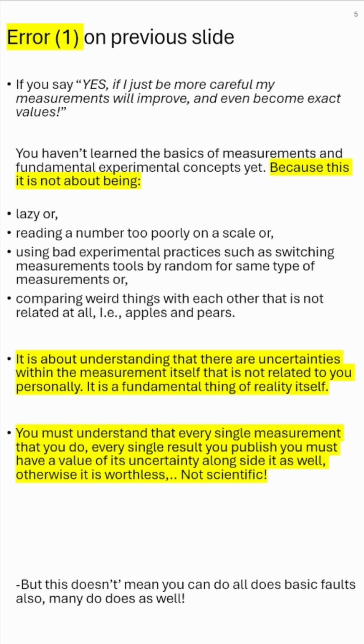There is a very basic reason for this: you want other researchers to be able to build on your result, and one can only build on another's result if you know how the uncertainty connects to it, right?